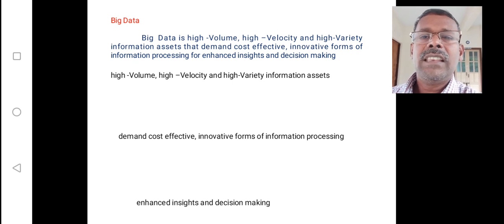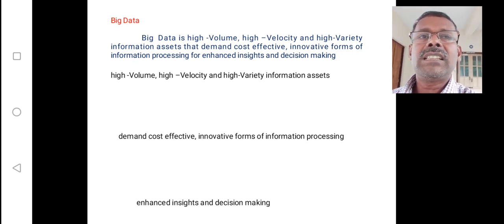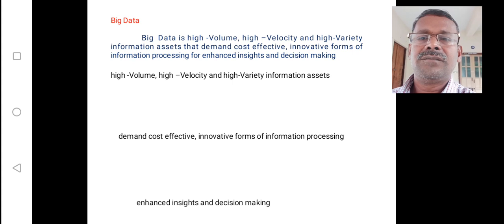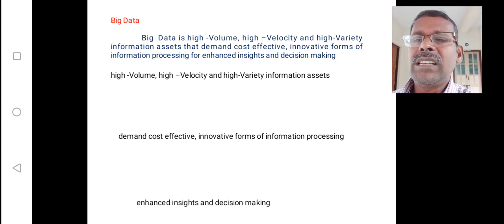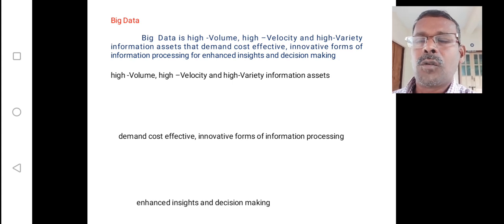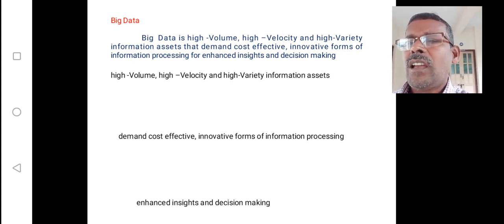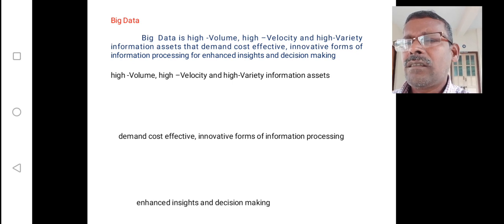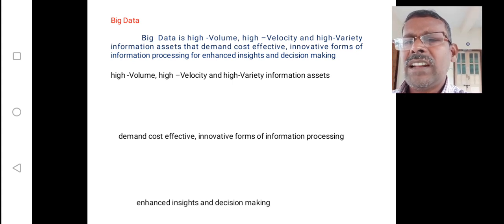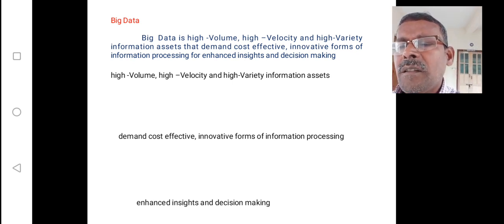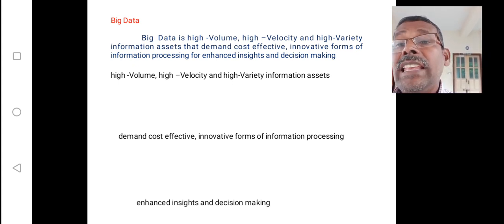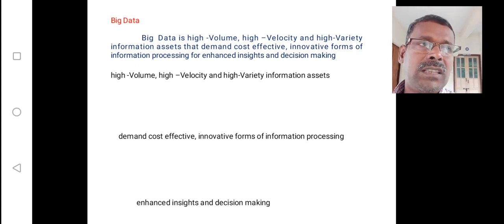Nowadays in any business, information is the major asset. For the better growth of any business, information plays a very important role. Second one, big data analytics demands cost effective, innovative forms of information processing.